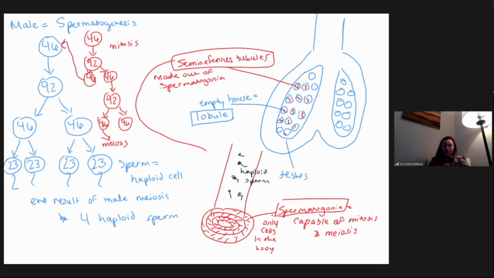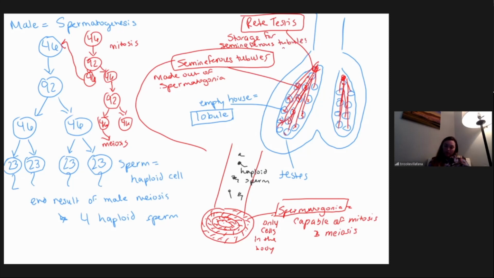So that's spermatogonia. There's a storage point inside of the testes for the seminiferous tubule. They all join together inside of the testes, and that's called the rete testis. So the rete testis is the storage for seminiferous tubules inside of the testes.